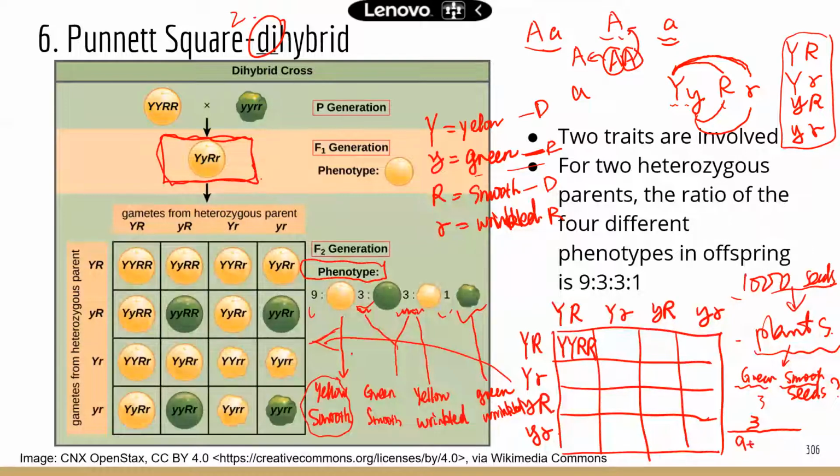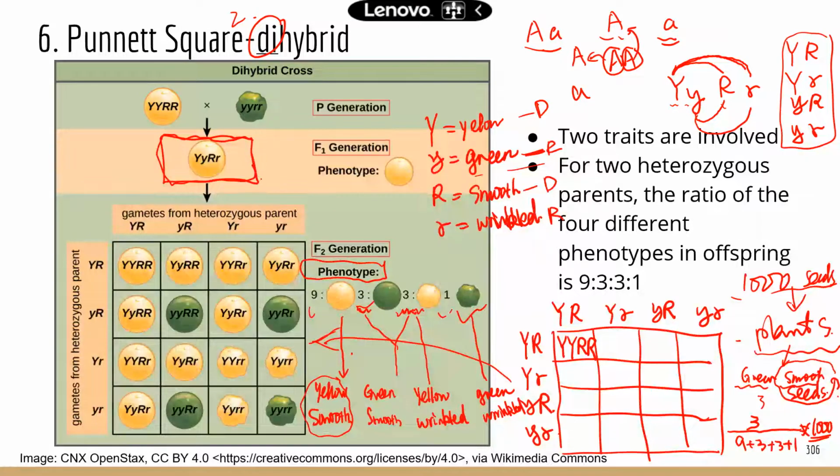So 9 plus 3 plus 3 plus 1, that is going to be the percentage or proportion of this particular group of individuals in the entire population, which is 1,000 plants. And then you can multiply this by the total number of plants, which is 1,000.